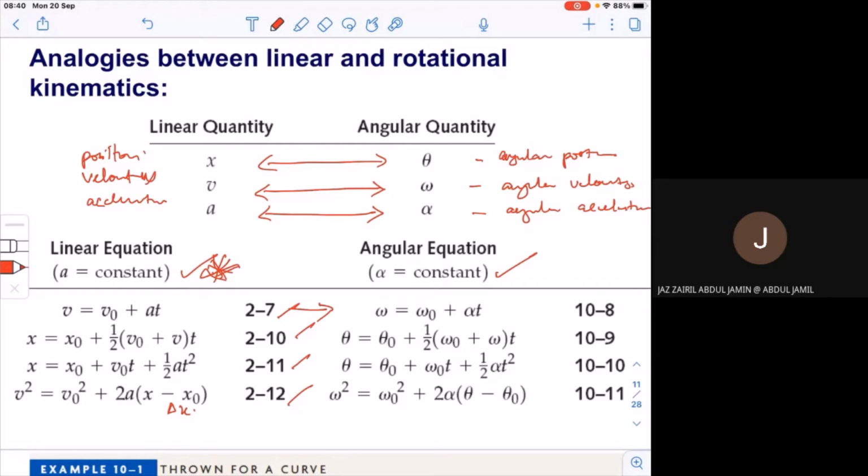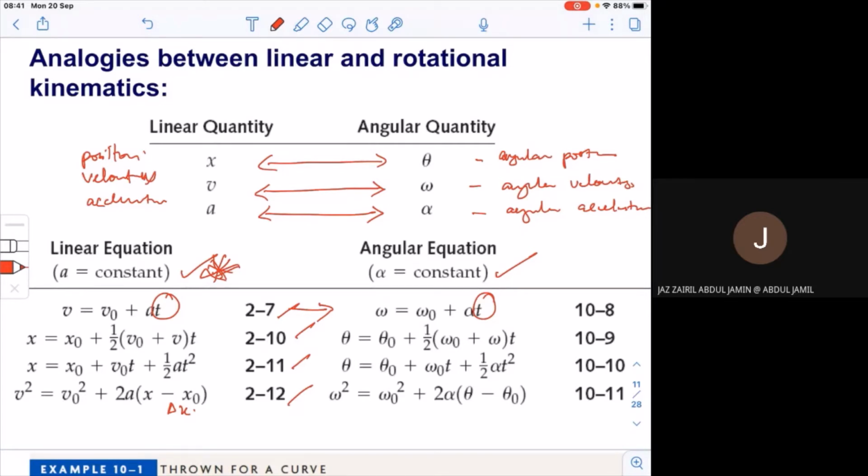Everything is changing from v to omega, v naught to omega naught, and a becomes alpha. The one that doesn't change from linear to angular is just t, time. Look carefully: this one has time, and this one also has time. Everything that involves time stays whatever it has for the time.